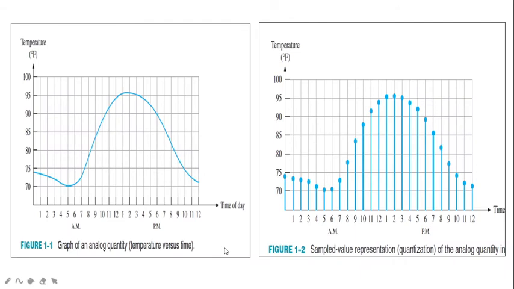Yes, consider this figure, that is figure 1 of 1 and figure 1 of 2. In figure 1 of 1, let us consider this. The air temperature changes over a continuous range of values.